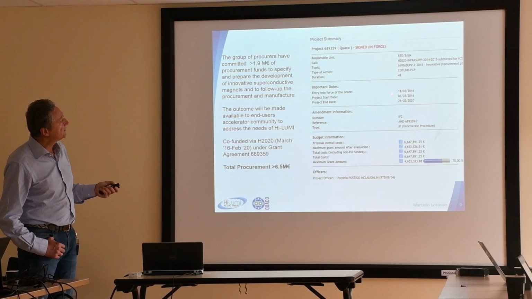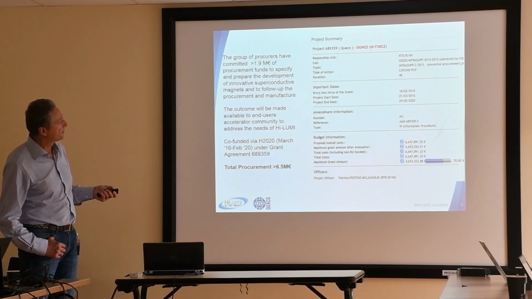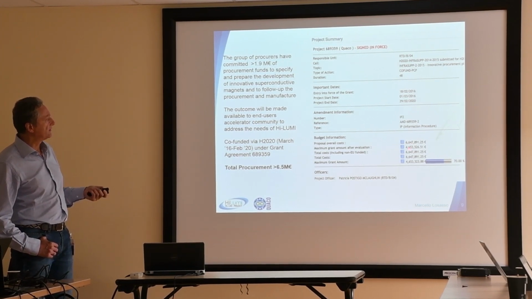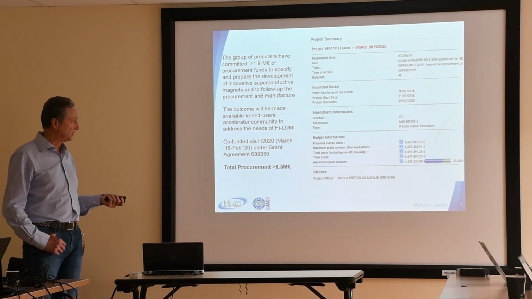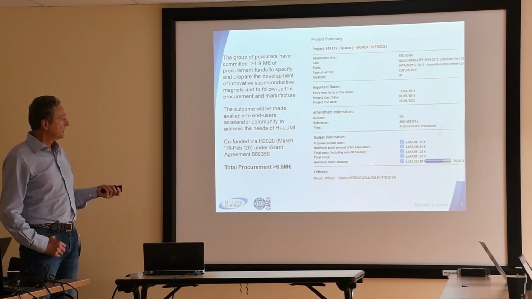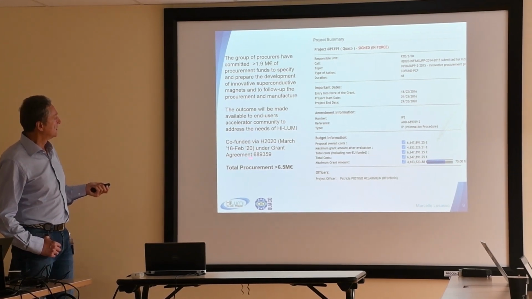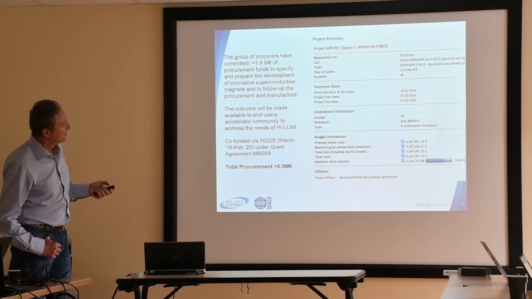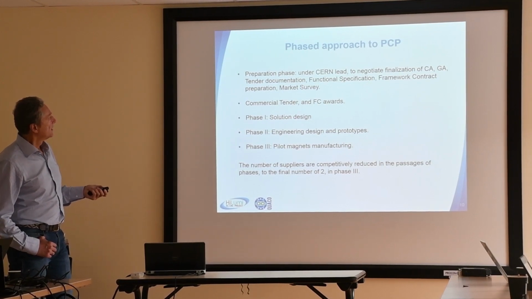In our case, the total value of the project was 6.6 million, and with the 70% rate, it means that we get from the Commission 4.6 million. So this is the financing scheme.